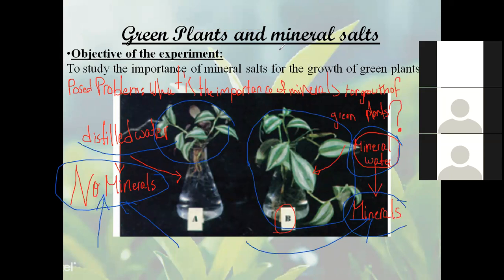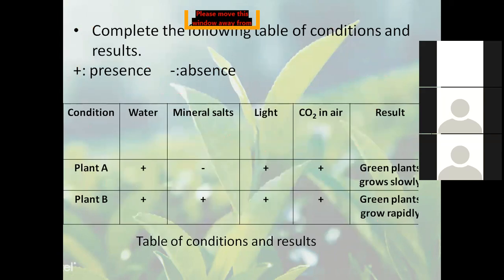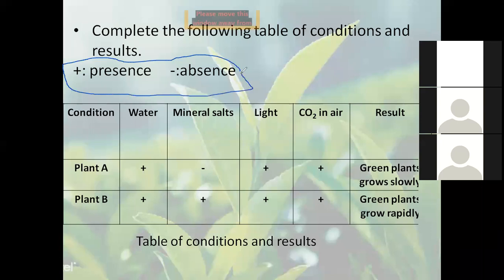Thank you, Aya. So here, they want you to draw the table of condition. First of all, you have to draw it using a pencil and fill it using a pen. I'm sure you have to use the ruler to draw the table. Plus and minus, this is the legend. Plus means presence and minus means absence. Both of them contain water, both have light, both have CO2.